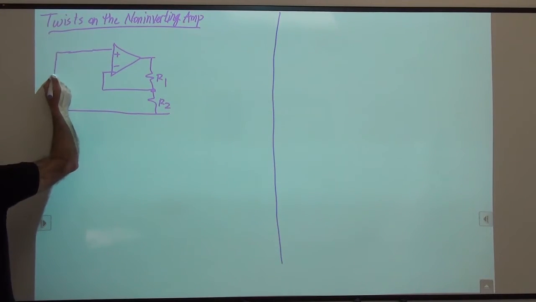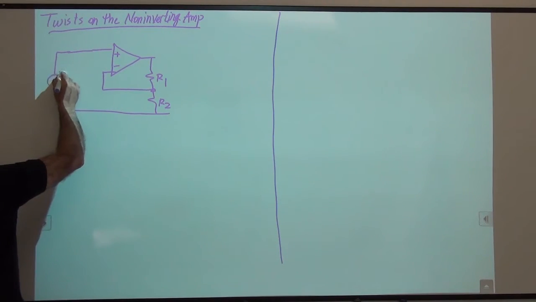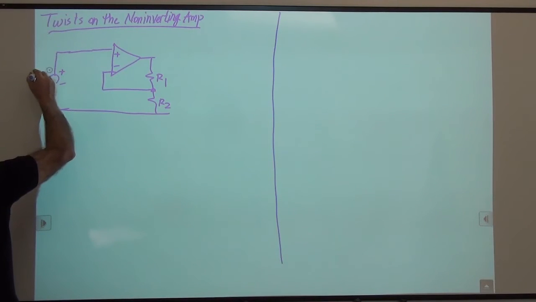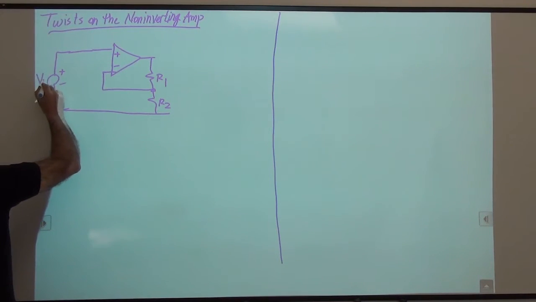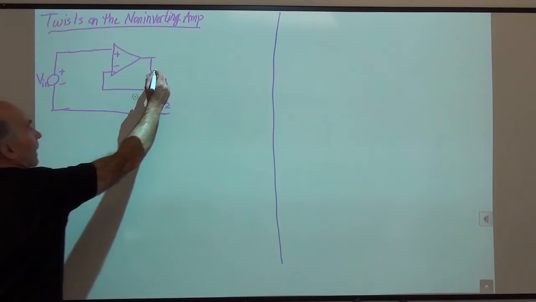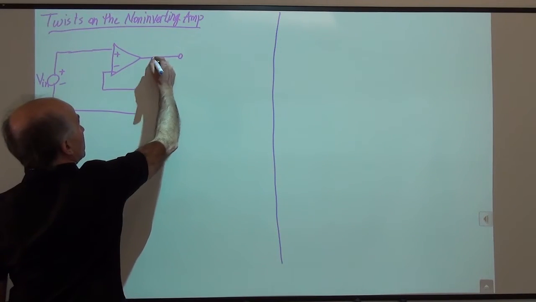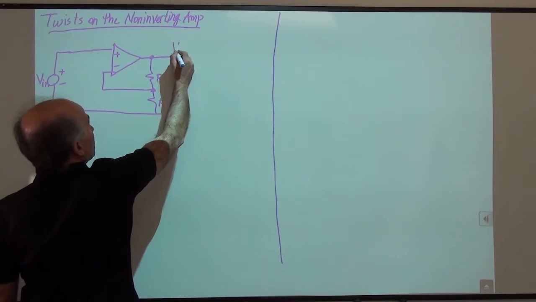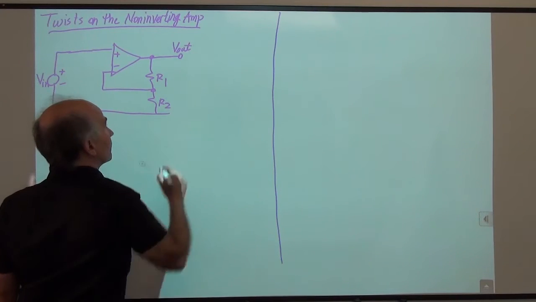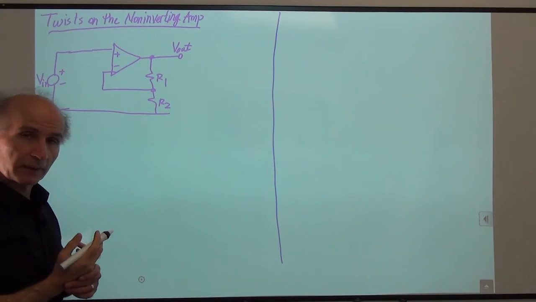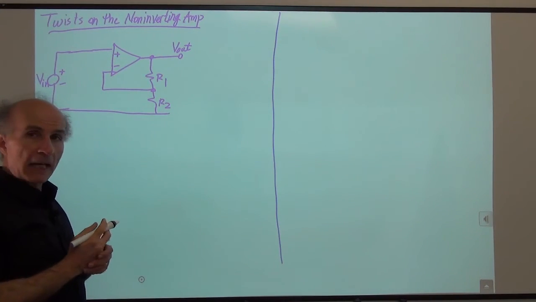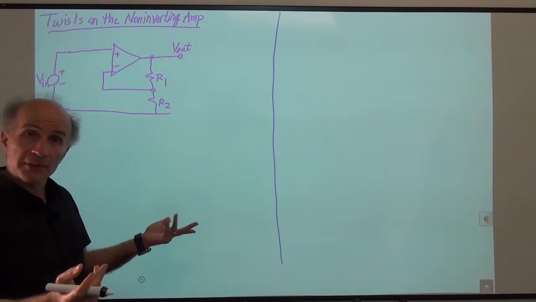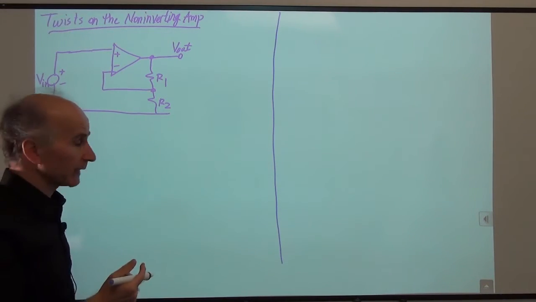And here's our voltage source, which we call Vin. So Vin goes into the non-inverting input of the op amp, and here's our output, Vout. Okay, so we have analyzed this, we know how it works. Now let's go ahead and add some other stuff in there and see what happens, right? So it doesn't bite, so we can always do that.